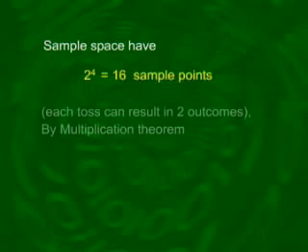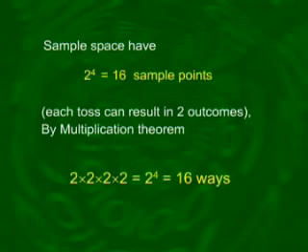The reason being that each of the 4 tosses can result in 2 outcomes. According to the multiplication theorem that I discussed with you in an earlier lecture, 2 into 2 into 2 into 2, that is 2 raised to 4, that is 16 ways of tossing a coin 4 times.